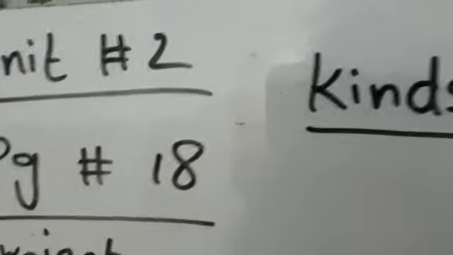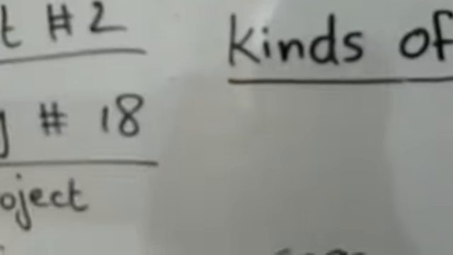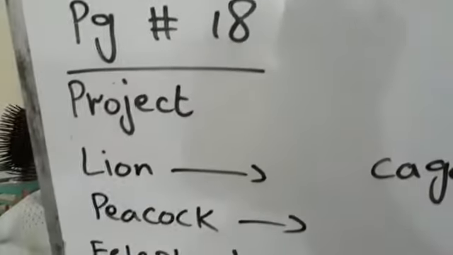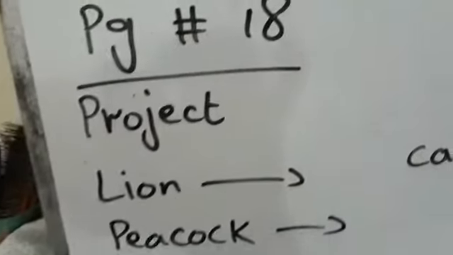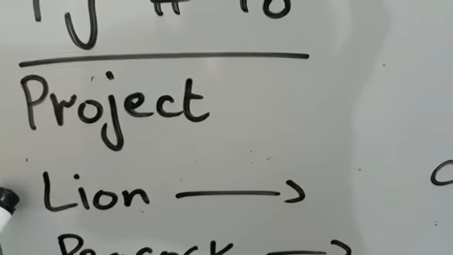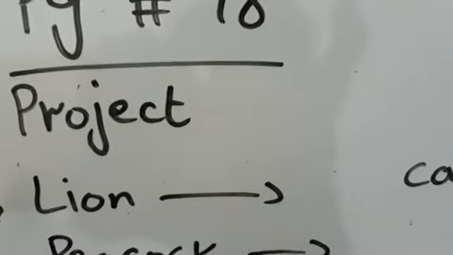For example, I have given you unit number 2, kinds of animals, page number 18, the project. Okay, write down, for example, paste the picture of the lion over here. And the lion lives in a cage, as you have seen in the zoo.